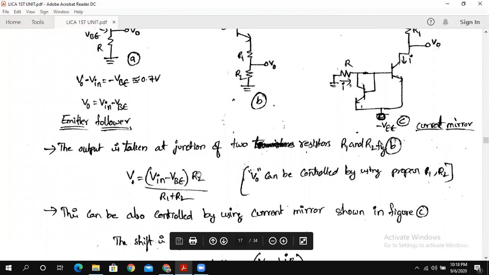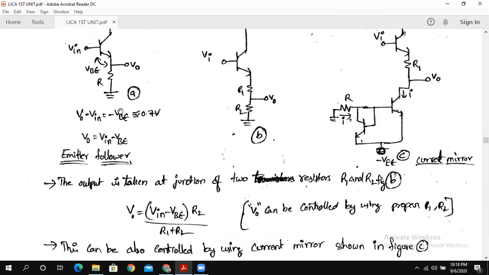So here we can see that V0 can be controlled by using R1 and R2. In the previous circuit, the drawback is that V0 cannot be controlled, because VBE is constant. There is no adjustment; we cannot make any adjustment there.